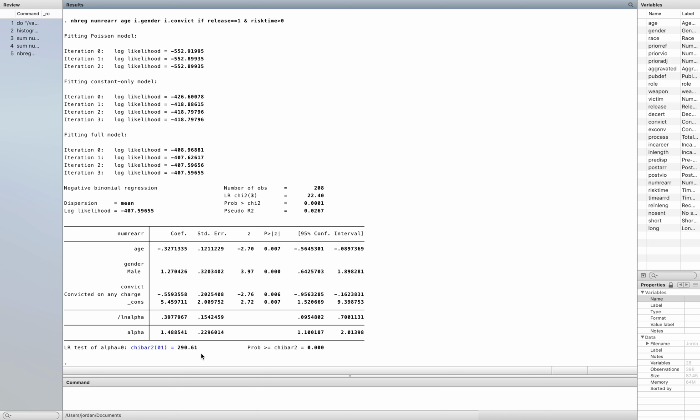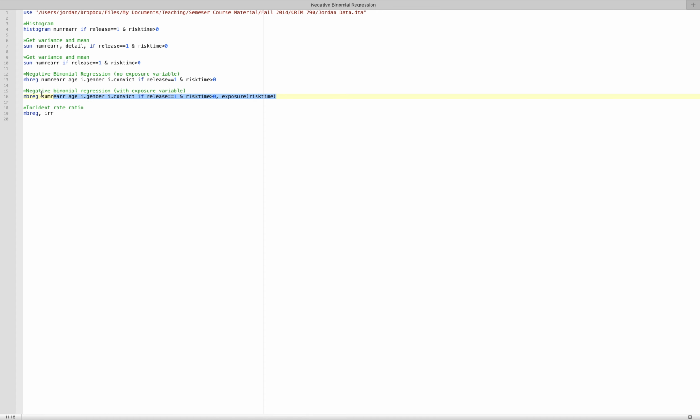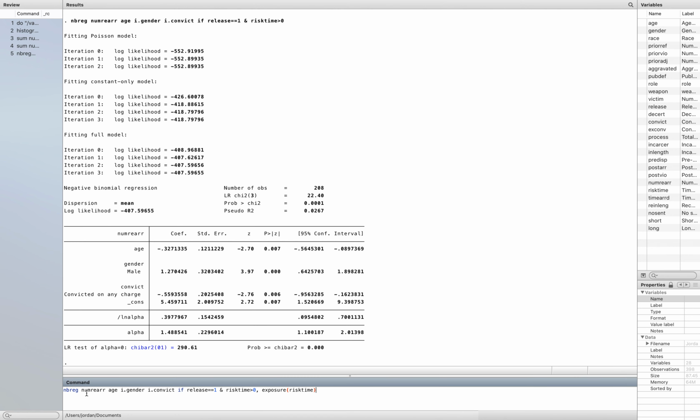Now, what's often the case in count models is something called an exposure factor. What is an exposure factor? An exposure factor is recognizing that your outcome typically occurs within time or space. For example, it's not just a matter of whether or not people were rearrested. That assumes that everybody was followed for the same period of time.